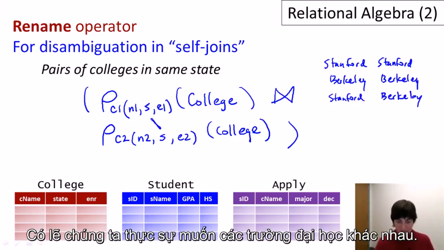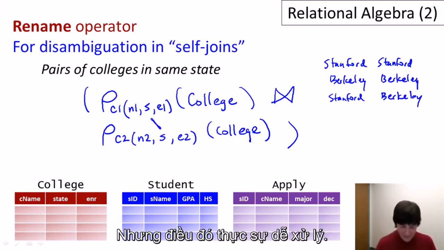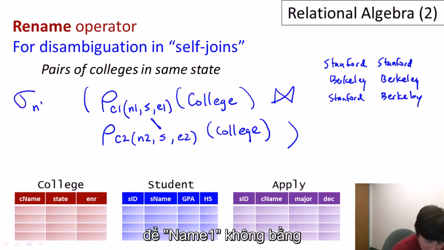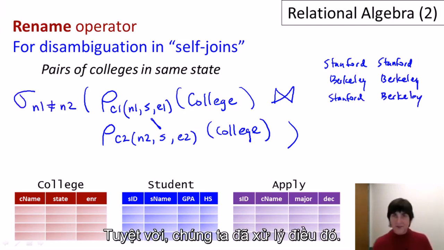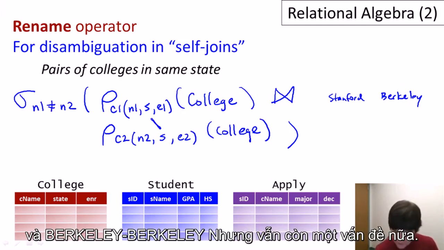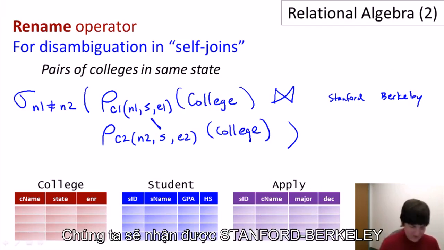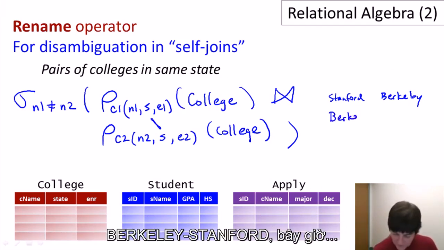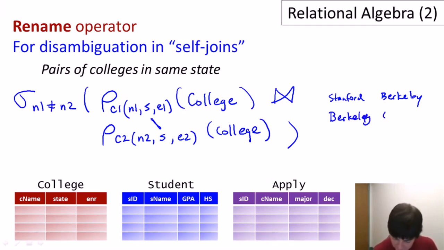Presumably, we actually want different colleges. But that's pretty easy to handle, actually. Let's put a selection condition here so that name 1 is not equal to name 2. Great, we took care of that. So in that case, we will no longer get Stanford, Stanford, and Berkeley, Berkeley. But there's still one more problem. We'll get Stanford, Berkeley, but we'll also get Berkeley, Stanford.